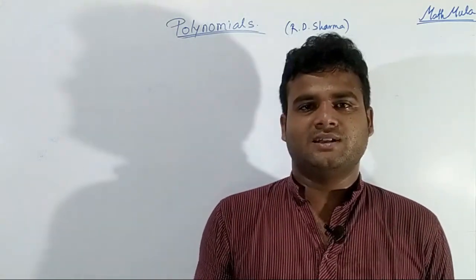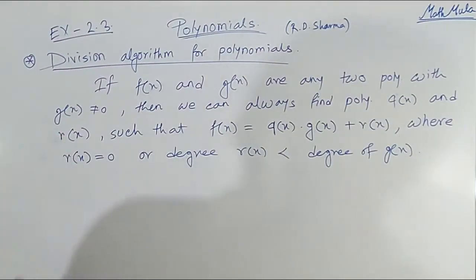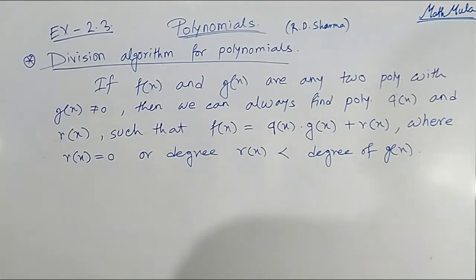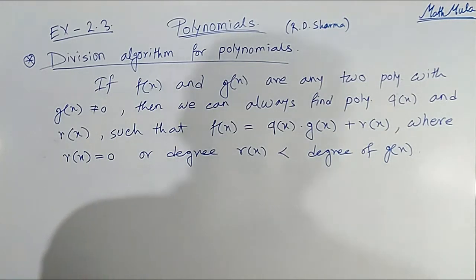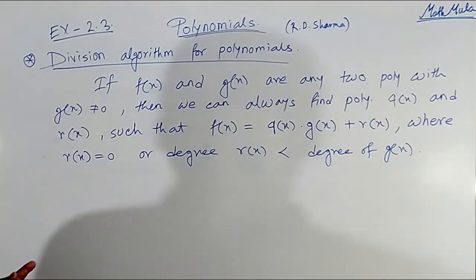Today we talk about the division algorithm for polynomials. Let's start. Division algorithm for polynomials. If f of x and g of x are any two polynomials with g of x not equal to 0, then we can always find polynomials q of x and r of x such that f of x equals q of x into g of x plus r of x, where r of x equals 0 or degree of r of x is less than degree of g of x.